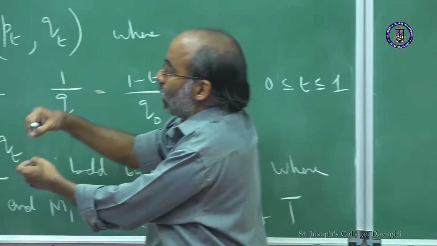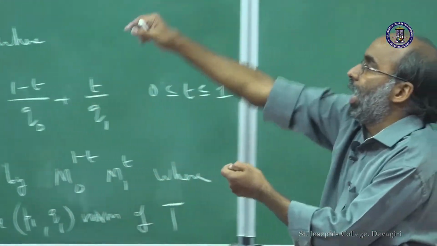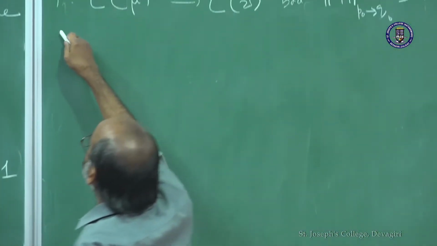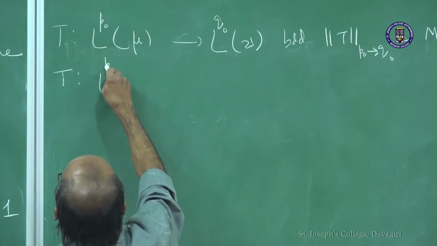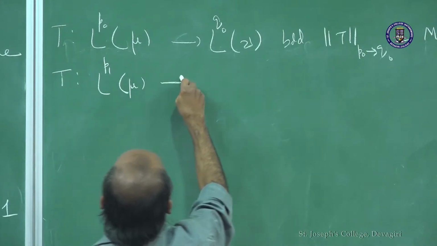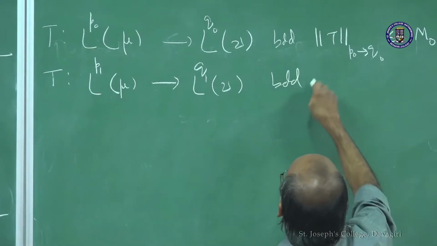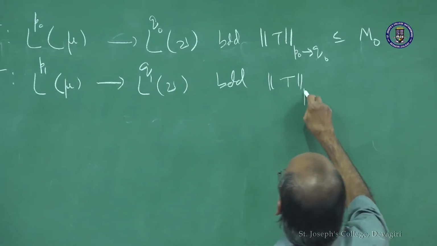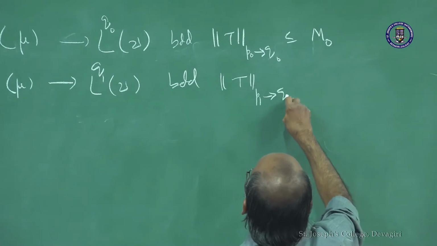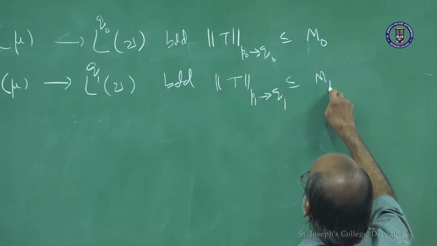Similarly it is bounded from L^{p1}(mu) to L^{q1}(nu), and the corresponding (p1,q1) norm is less than or equal to M1. That is the assumption.